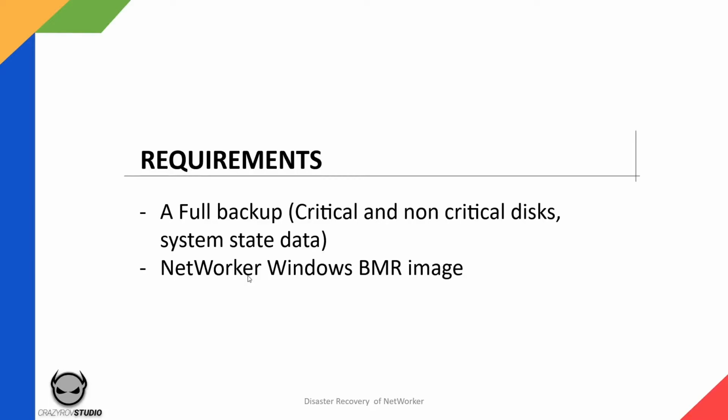A NetWorker Windows BMR image is basically an ISO that you can download from the support site. This is a bootable disk image, so if you're doing a BMR on a physical machine, make sure that you burn this into a bootable disk and boot your physical machine using this NetWorker Windows BMR. This is an image which is Windows based.